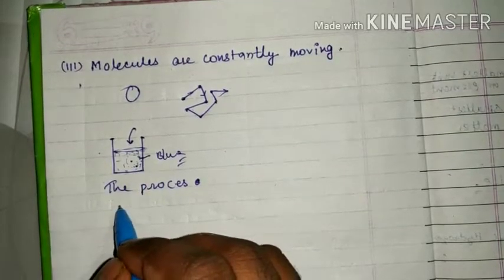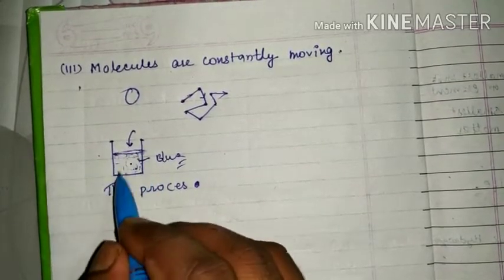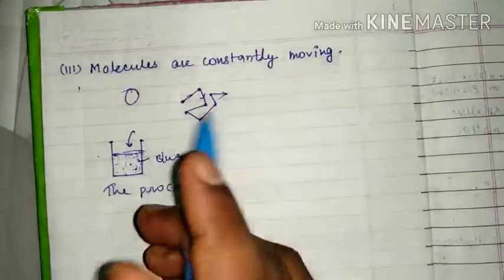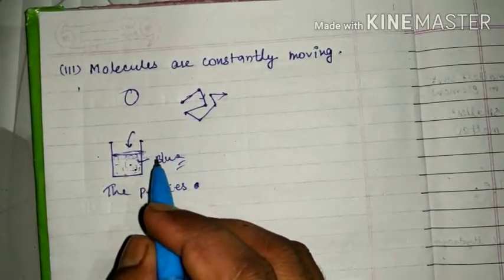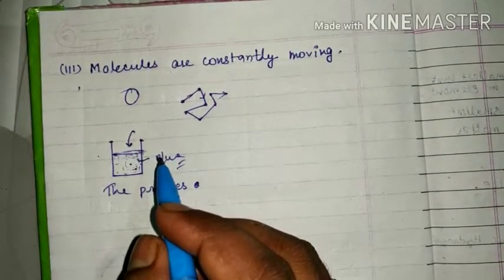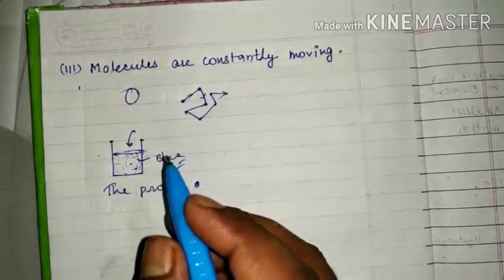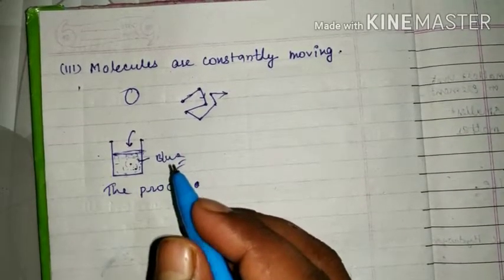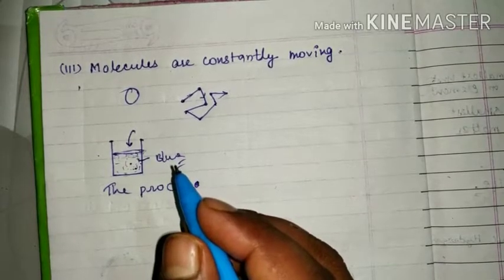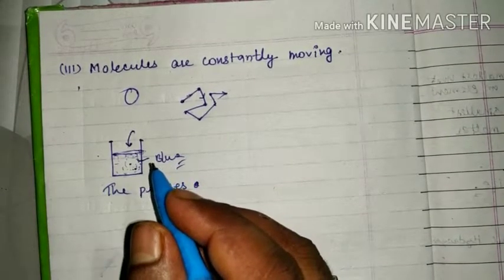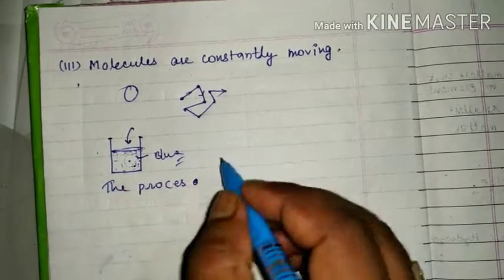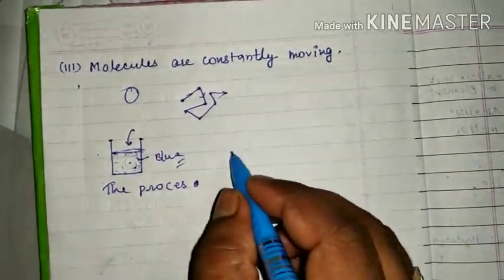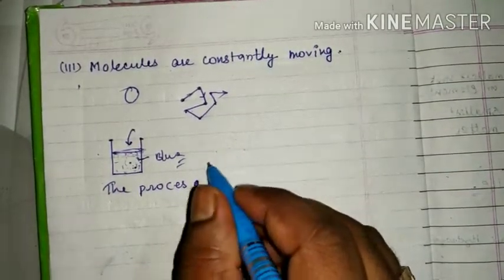So diffusion is a process that occurs due to the continuous random motion of the molecules of ink and water. It means two liquid molecules mix with each other.